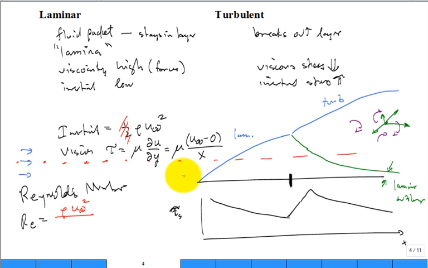Or D for diameter, or some other length scale. If we put that in here, we'll get mu, u infinity, x. We cancel one of the u infinities, and there's our traditional Reynolds number. Its length scale is x, so it's rho u infinity x over mu. A little abstract, isn't it? What's it a ratio of? Inertial to viscous.